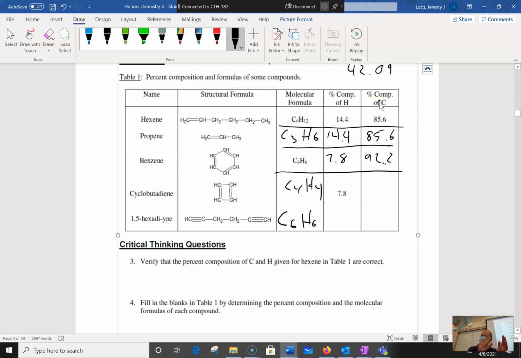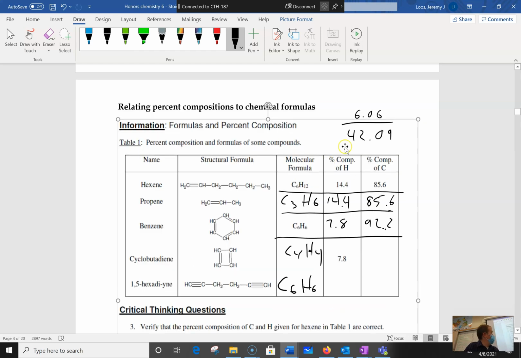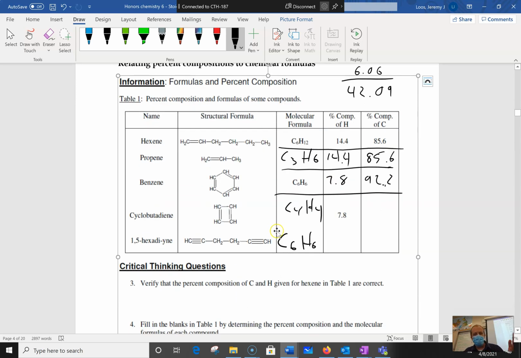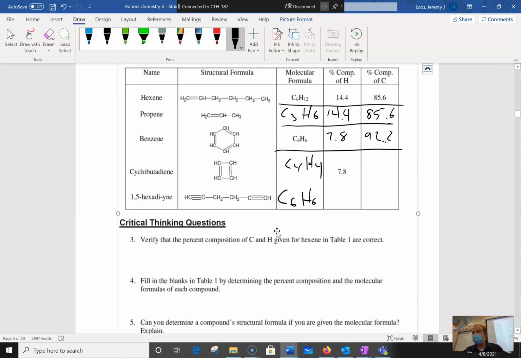And because those ratios are the same, because those proportions are the same, what would be different about the calculation is that both of these numbers would be double in this one compared to this one. And that would end up being the same percentage. If you double both these numbers, you're going to get the same percent. Point being, things with the same empirical formulas have the same percent compositions.